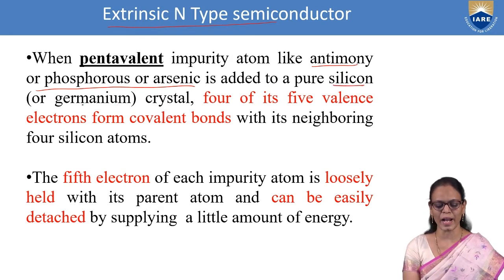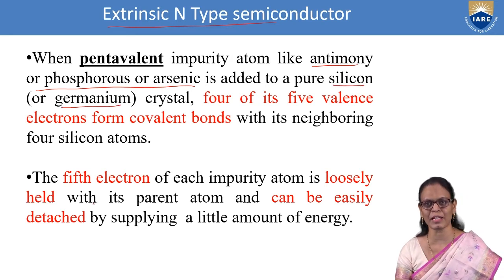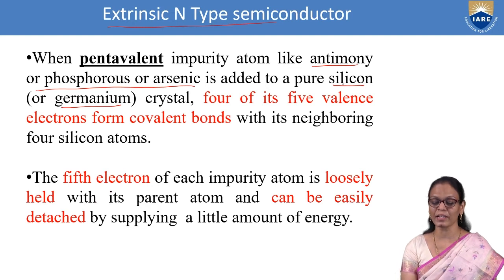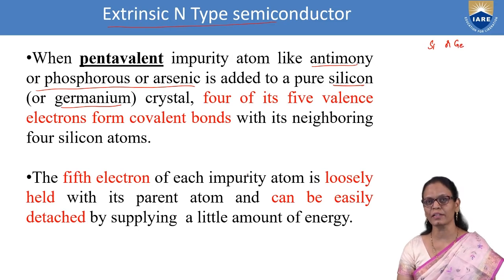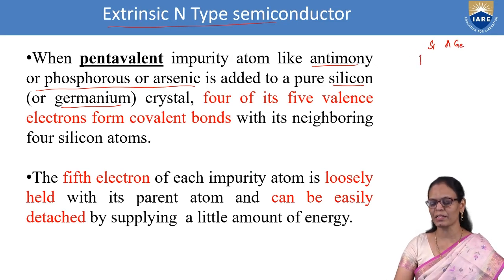So silicon and germanium are semiconductors. So we are taking a semiconductor like silicon or germanium, and to that we are adding a pentavalent impurity from the fifth group, that is, antimony, phosphorus, arsenic.